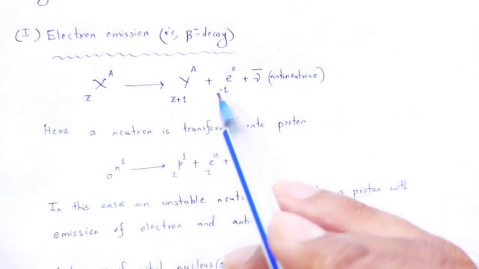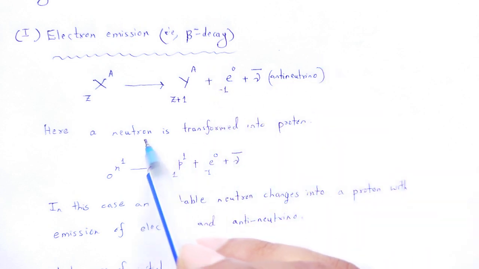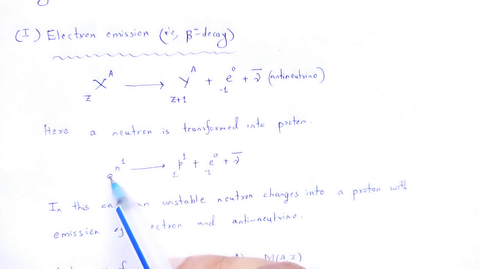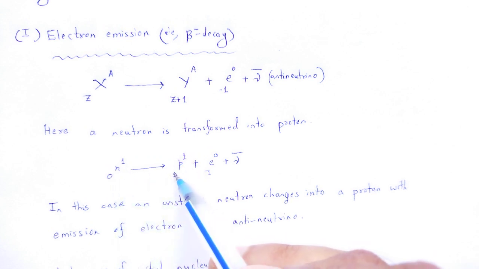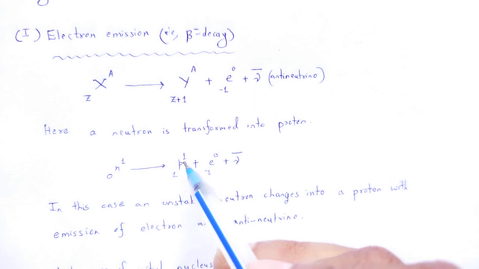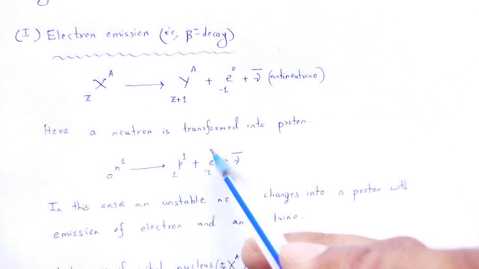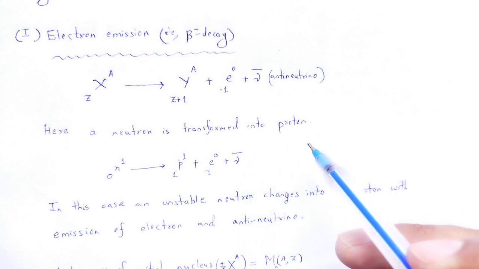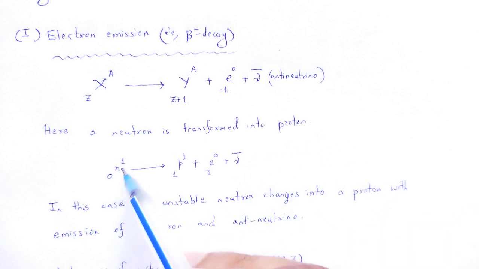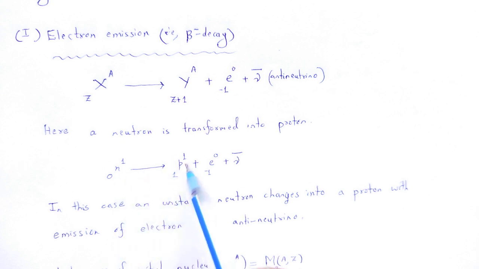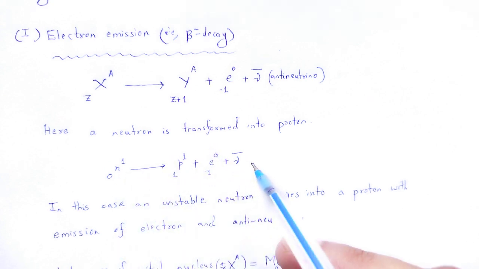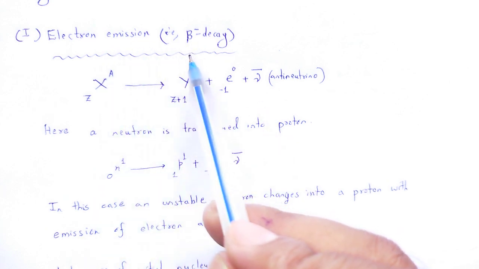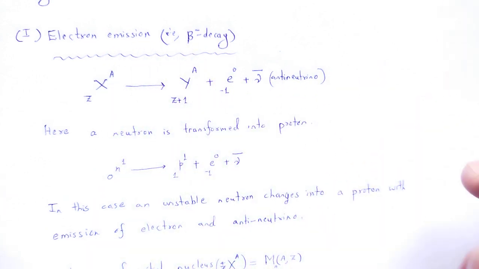In beta minus decay, a neutron is transformed into a proton. That neutron 0 n 1 is transformed into a proton 1 p 1, and with this an electron as well as an antineutrino is produced. So in this case, an unstable neutron changes into a proton with the emission of an electron and an antineutrino. That is the beta minus decay process.